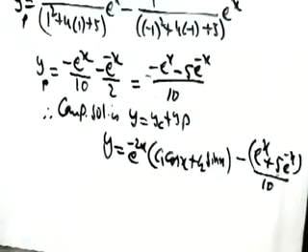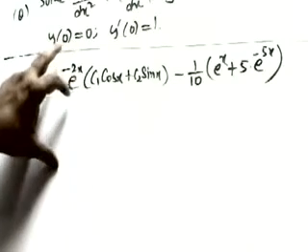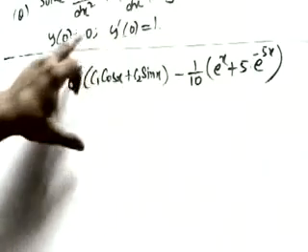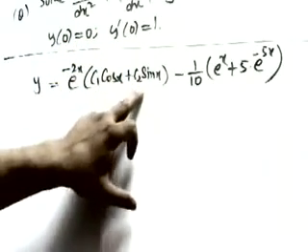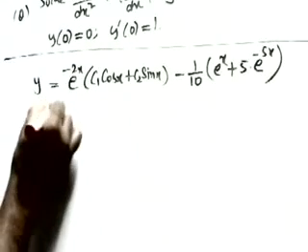Now we have to find c1 and c2 using the conditions. There are two conditions given: y of 0 equals 0, y dash of 0 equals 0. Using these two conditions, we find c1 and c2.